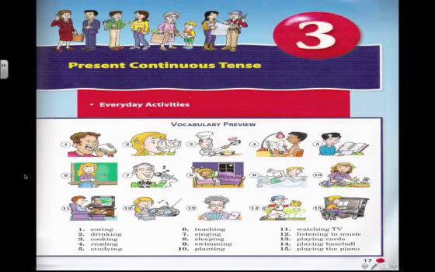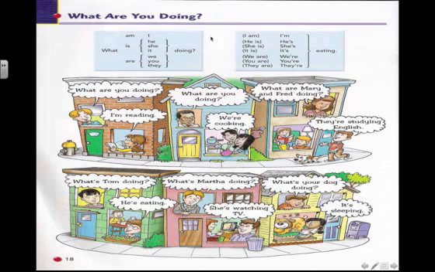Now let's go to the next slide. Here, if you look at these two boxes, they explain how you make the question and answer that question. For example, if I ask you about Ali, what is he doing?